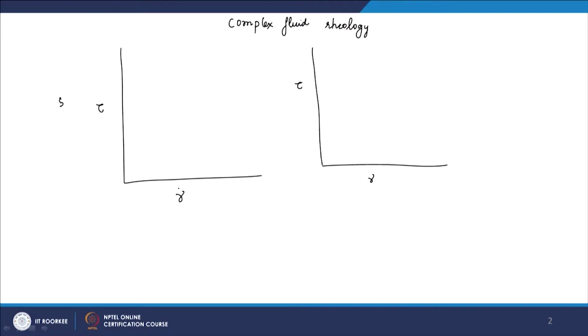So, this is my stress versus shear rate, which is what I use to characterize a liquid, and this is my stress versus shear, which is what I use to characterize a solid.